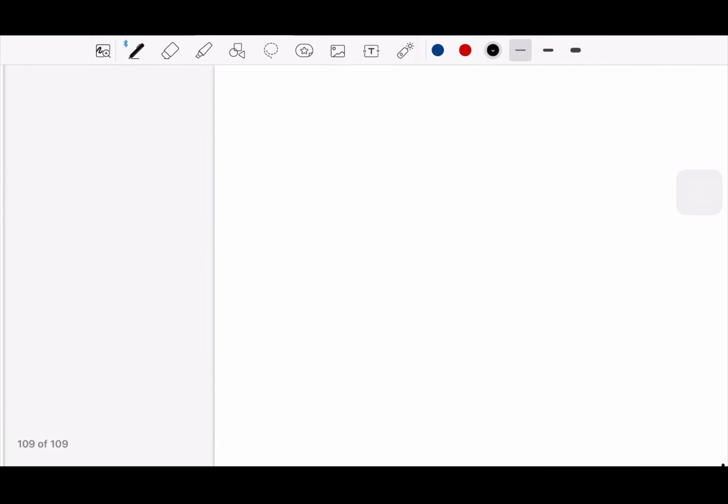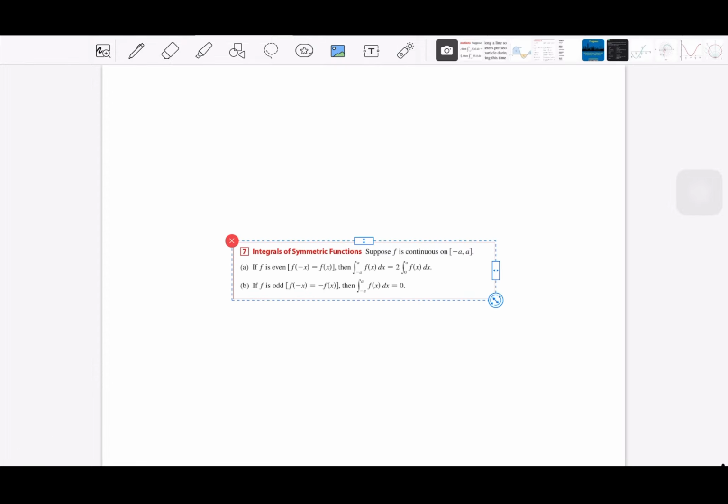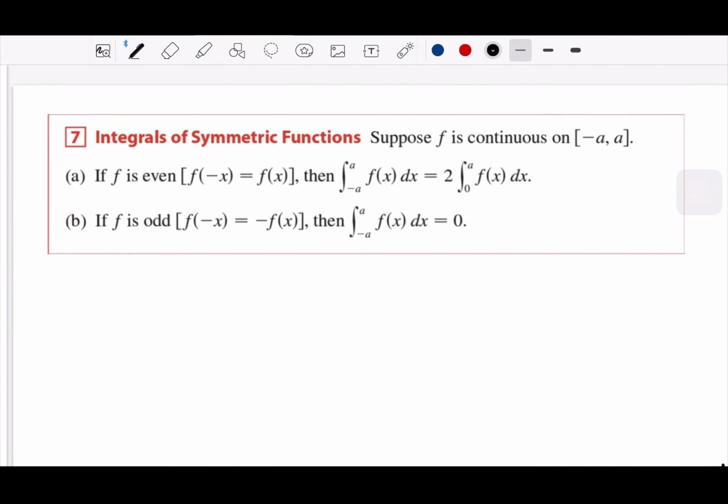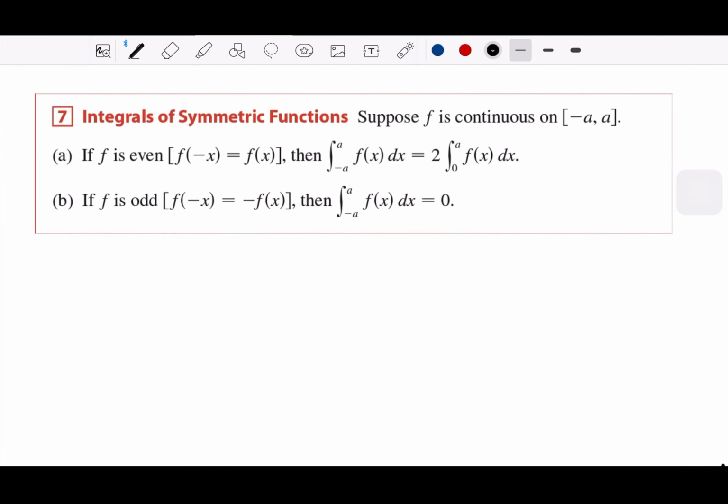Let me put the definitions first, and let's discuss this. So if you have an even function, you could think of even functions like polynomials, like x squared.